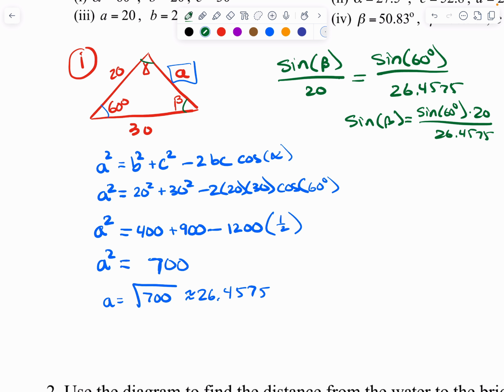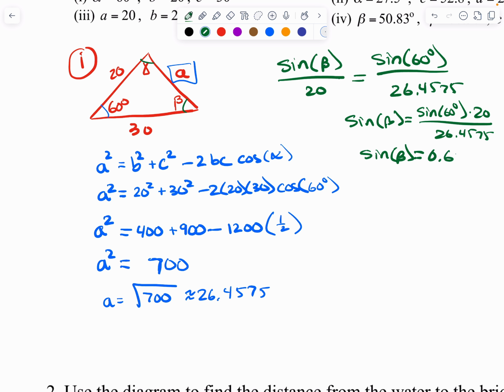I've already got the 26.4575 in my calculator, so I'm going to try my best to use that. Okay, sine of 60, times 20. That doesn't look right. Oh, that is right.